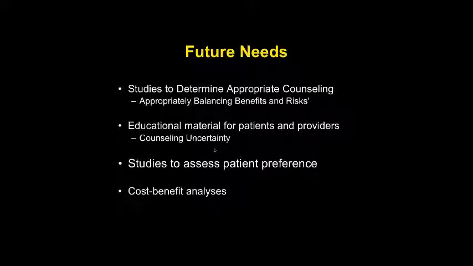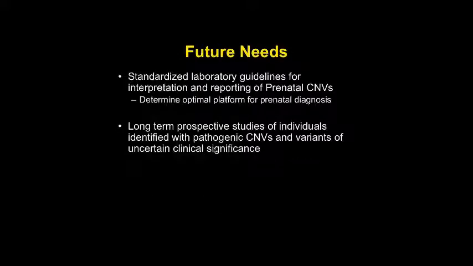There needs to be a cost-benefit analysis, which speaks for itself. There need to be standardized lab guidelines for interpretation and reporting of prenatal arrays, and ACMG has worked very hard in doing this, but still there's a lot more work that needs to be done. And then most importantly, we need long-term prospective studies of individuals who are identified with pathogenic CNVs and variants of uncertain clinical significance.